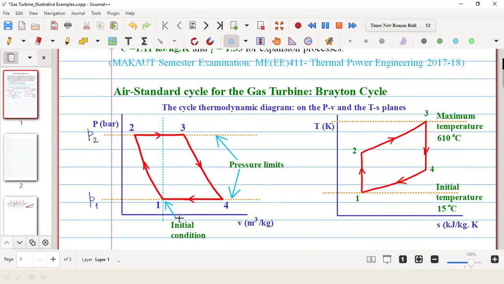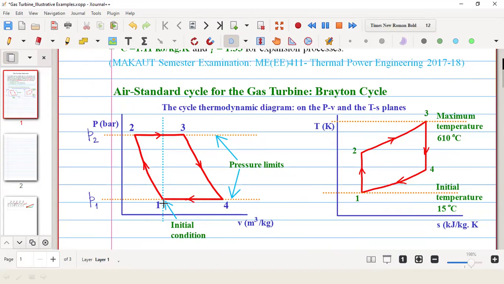Now, as we know, the Brayton cycle has four processes. Here I am showing the ideal cycle. Later, during solving the problem, we will see what the actual processes are.